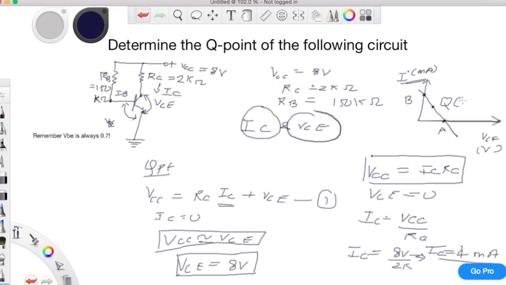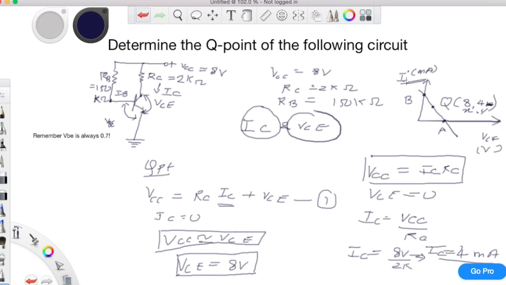So the value is VCE 8, with current 4 milliamps, or no need to write 4 because we are putting it as milliamperes, and we know this is X and this is Y. When we plot something, we'll put X and Y like this. So this is how you form a Q point.